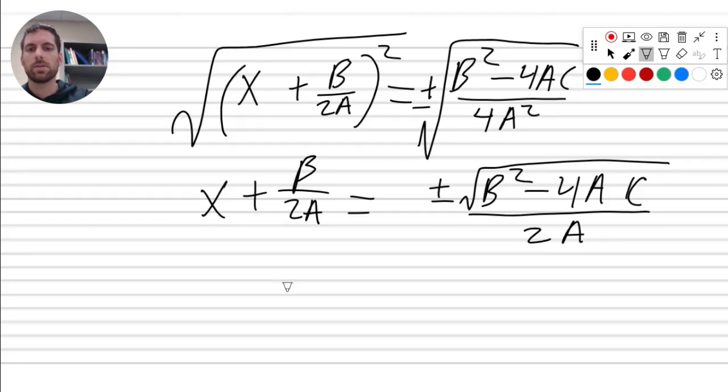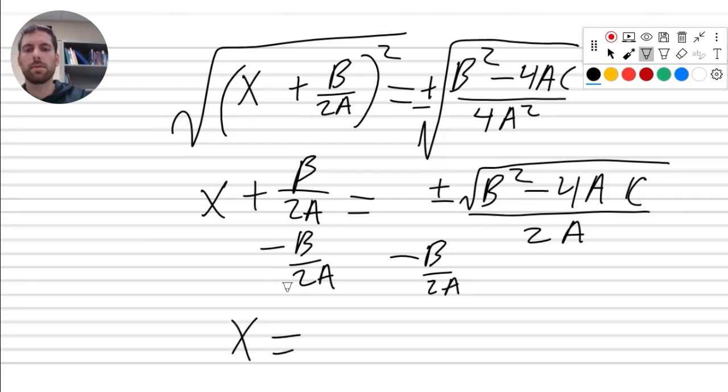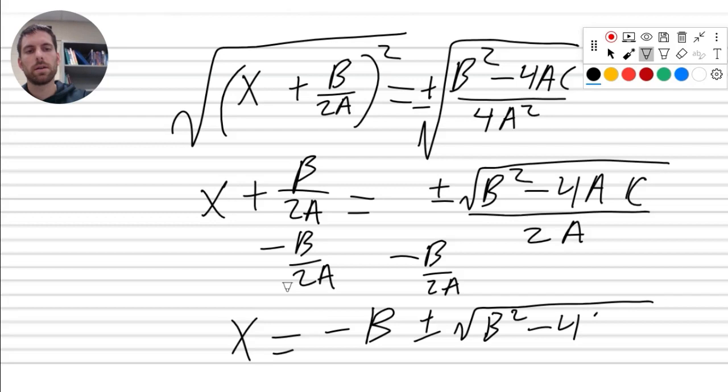And then we subtract that over, and we'll get our quadratic formula: x equals negative b, and the 2a's are the same denominator, so plus minus square root of b squared minus 4ac, all over 2a.